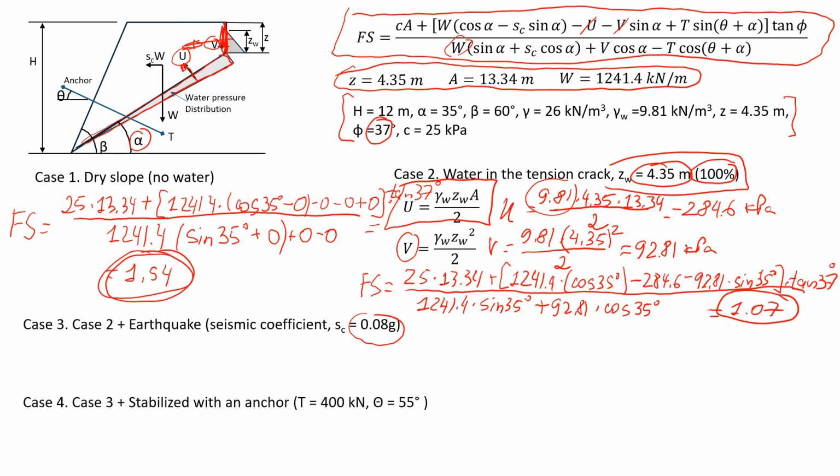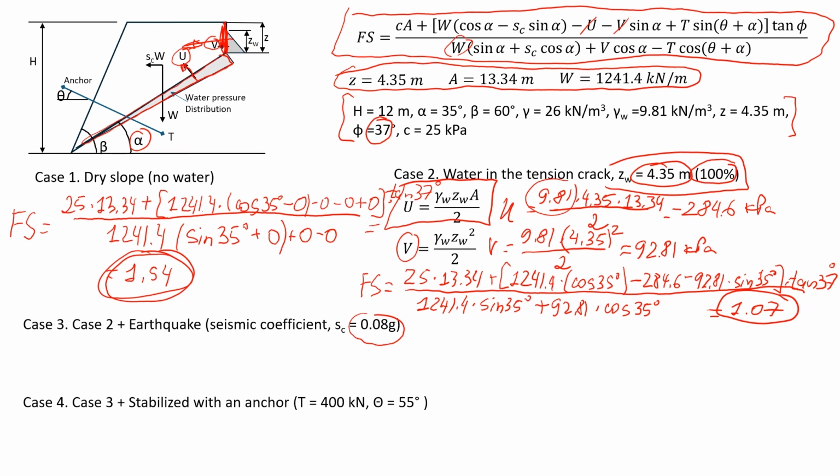So you need to do some research to find out what the seismic coefficient is in the design standard for the area you work with. For the sake of this example, we're going to use a value of 0.08. And let's see how it's going to change everything, if it's actually going to change anything.